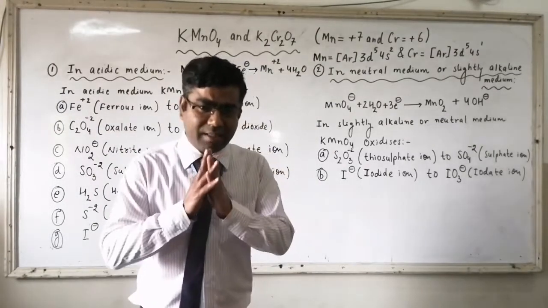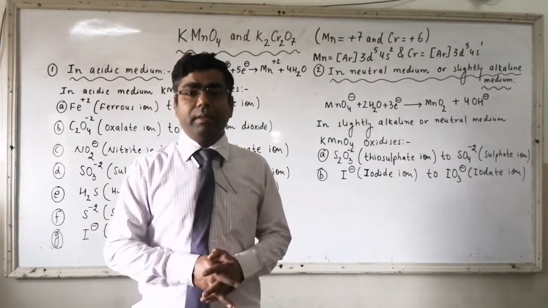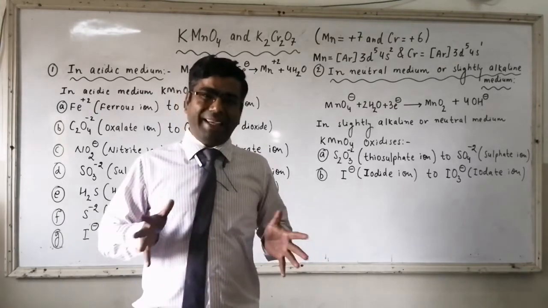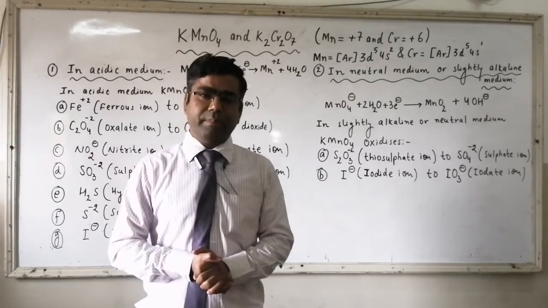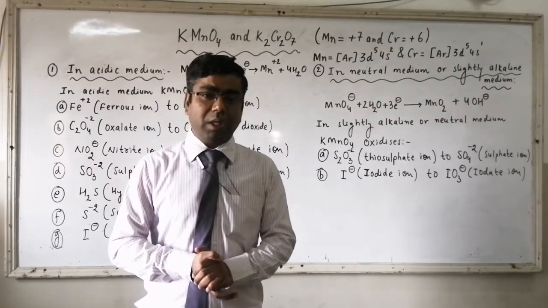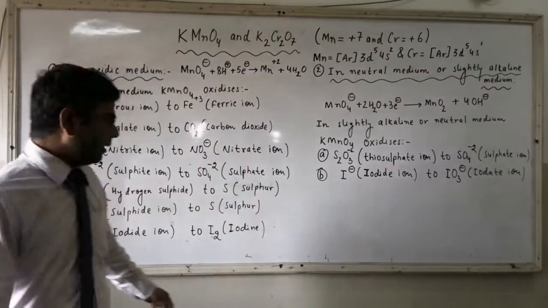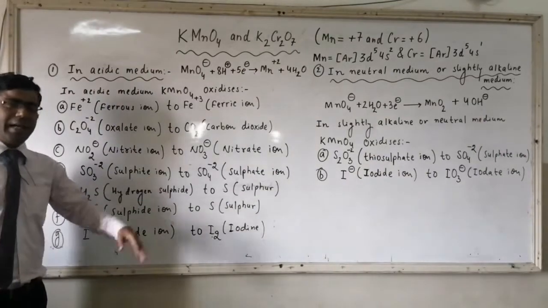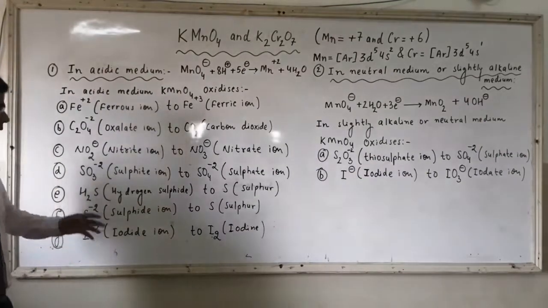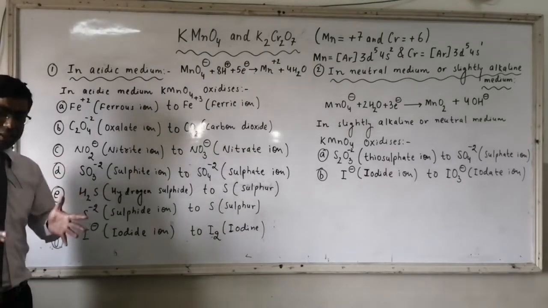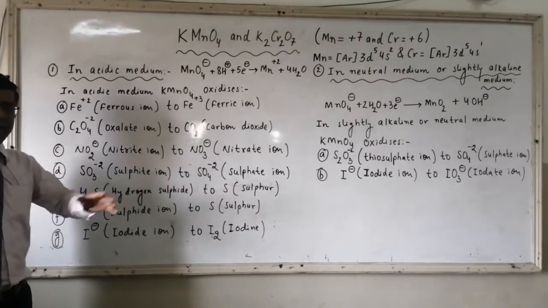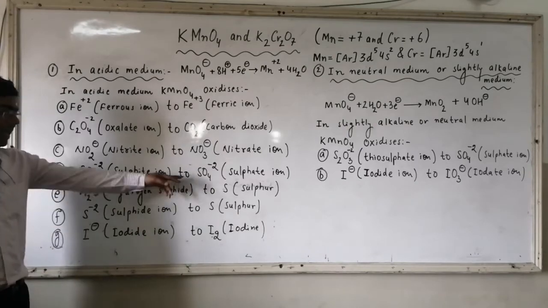An increase in oxidation state of sulfur is there. So whenever an increase in oxidation state is there, it is called oxidation. So KMnO4 oxidizes sulfite ion to sulfate ion, where sulfur exhibits a change of oxidation state from +4 to +6. +6 is the highest for sulfur.